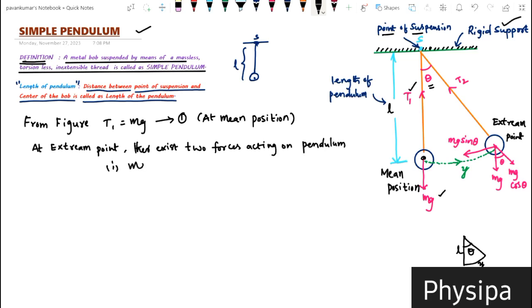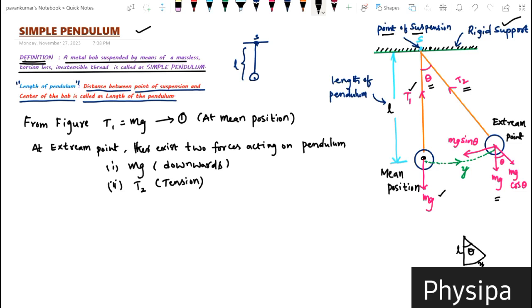The first one is mg, the gravitational force acting downwards, and the second one is T2, the tension acting towards the point of suspension as shown in the figure.